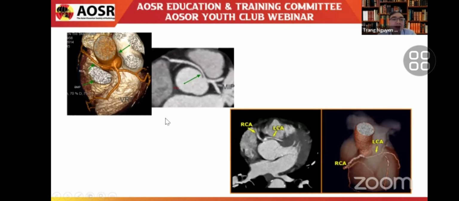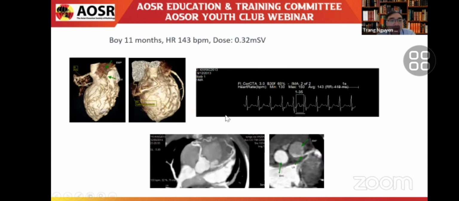For example, this patient, a 58 years old female patient, we can see that the RCA is originated from the left side. And that's very high risk because it is compressed between the pulmonary artery PA and the aortic valve here. In another patient you can find out that the left main comes from the right sinus here.